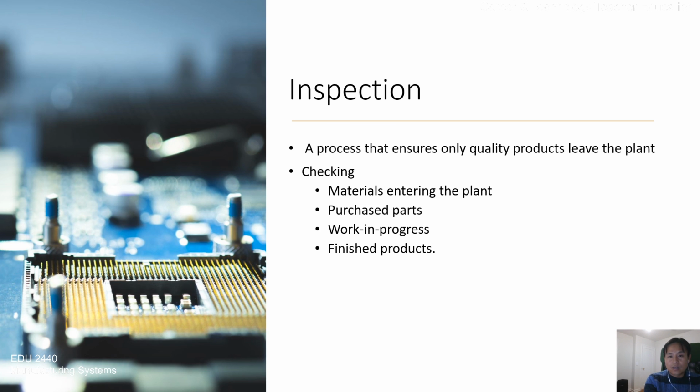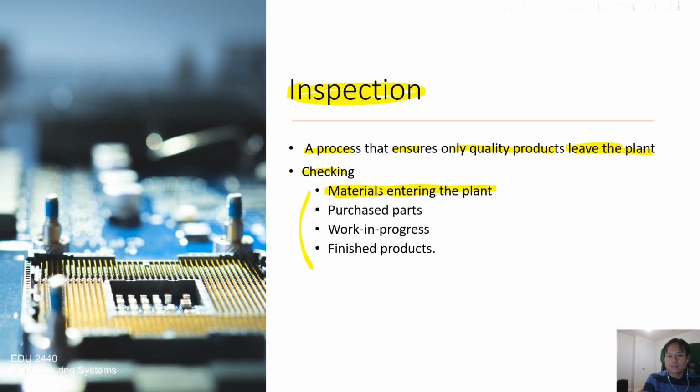And then the second controlling strategy is inspection of products. That is a process that ensures only quality products leave the plant. So that consists of checking many items. That includes material entering the plant.